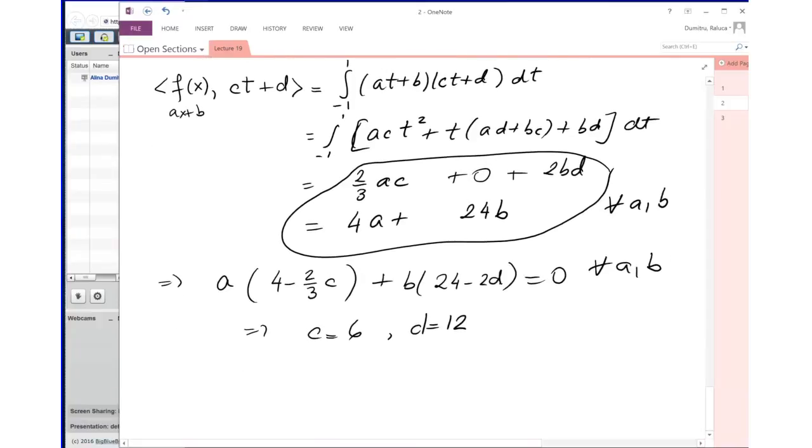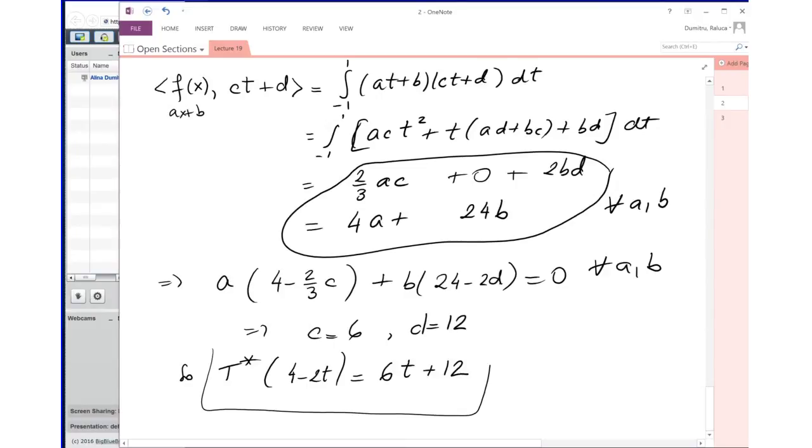So in conclusion, T star of 4 minus 2t is what? 6t plus 12. The conclusion is do whatever you have to do to find those numbers.